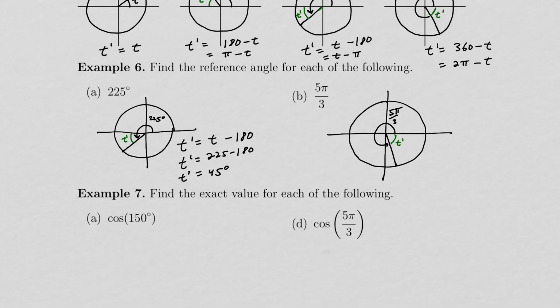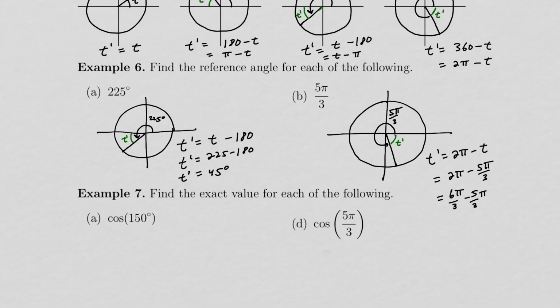So if I'm in the fourth quadrant, then remember the way to get T prime, my reference angle, is to take 2 pi and subtract the original angle in radians. So what is 2 pi minus 5 pi over 3? Well, I better rewrite this with the same denominator, so 2 pi is 6/3 pi minus 5/3 pi.